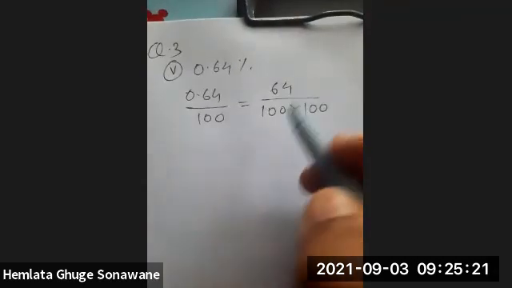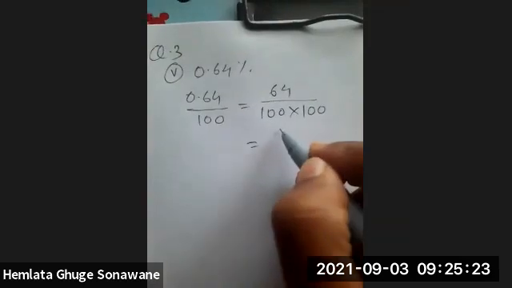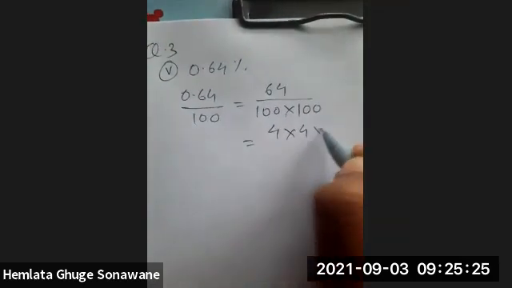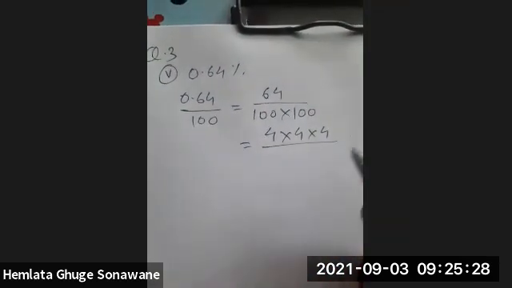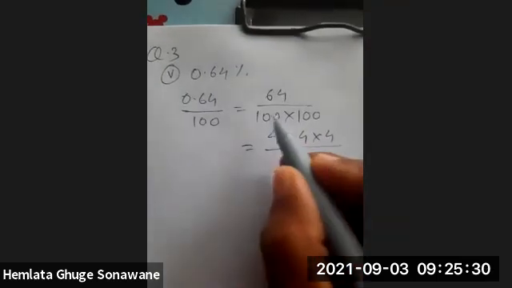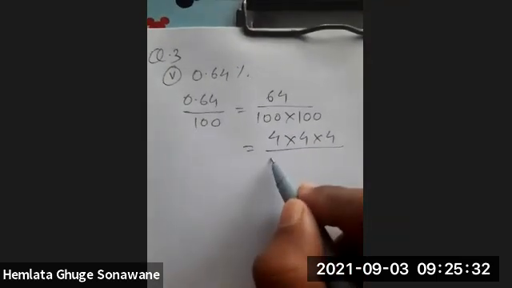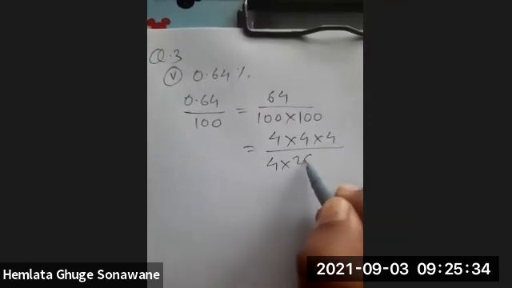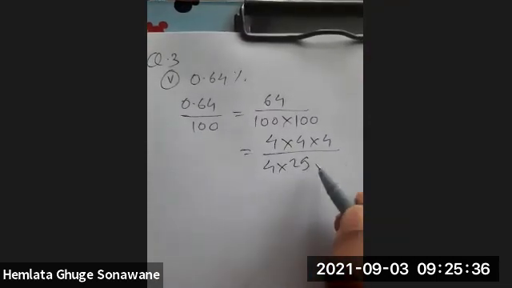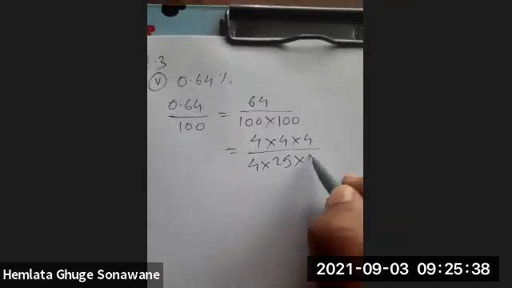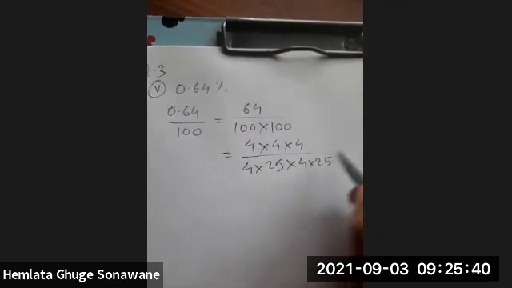I will split this term 64 as the cube of 4. So we will write 4 into 4 into 4. We have to split 100, that is 25 fours, and again 100 as 25 fours.